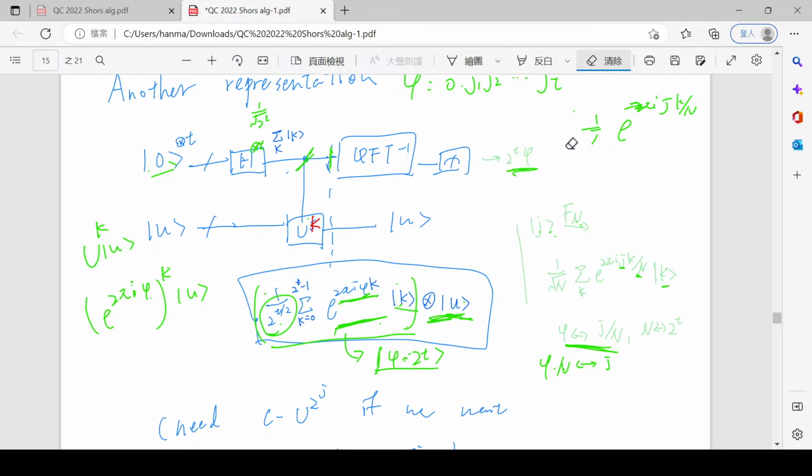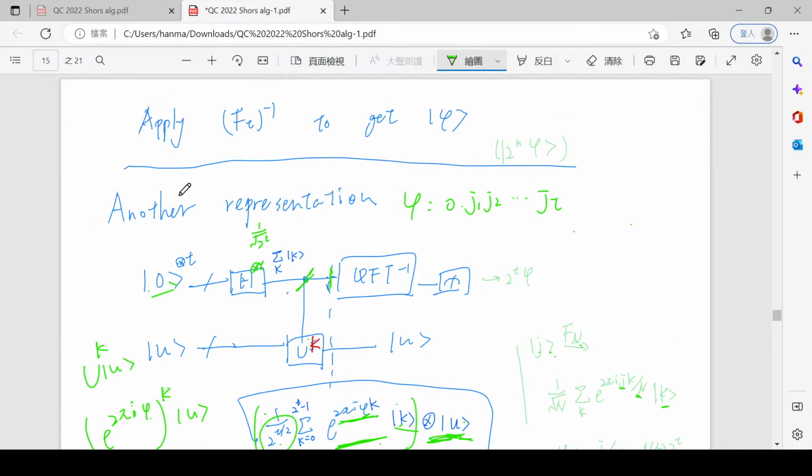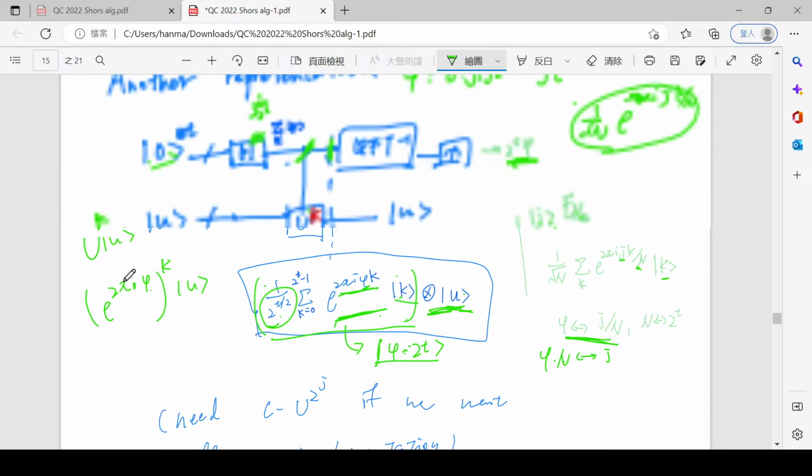Anyway, let's erase a bit more. That's the phase estimation circuit using quantum Fourier transform. Any question so far?